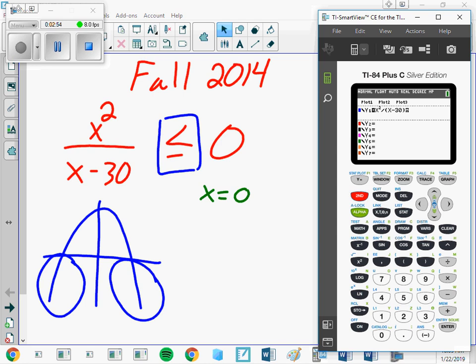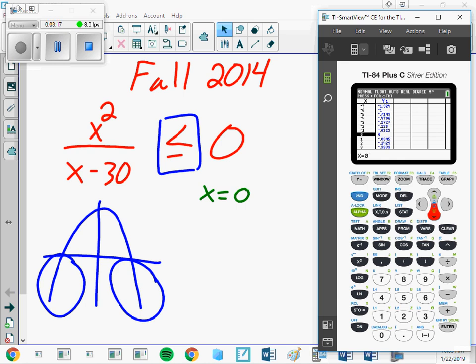And then I'm just going to look at the table for a second to see what's going on. When x is negative, what do you notice about the y values? They're negative. Okay? So when x equals 0, we notice that it hits the x-axis.